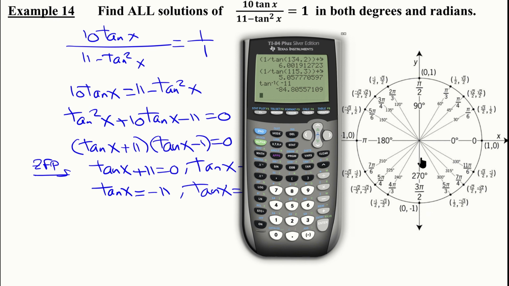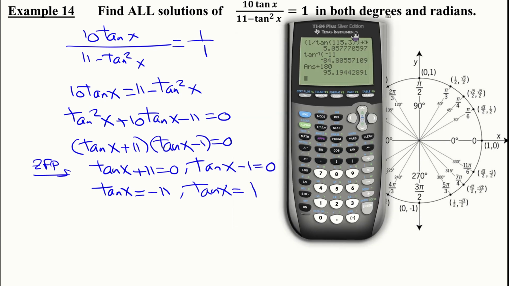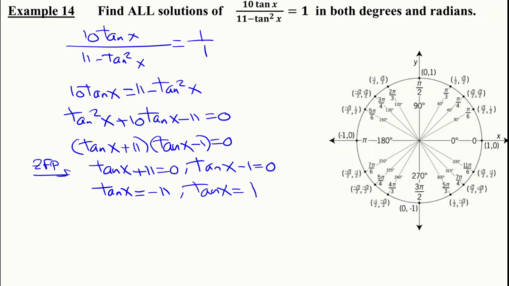The one right across from it here, notice in this quadrant, tangent is also negative. So if we just take that and add 180 to it, we can get a more pleasant form of the answer for our starting point. So if we round that, around 95.2. So instead of using that one, we'll use 95.2.